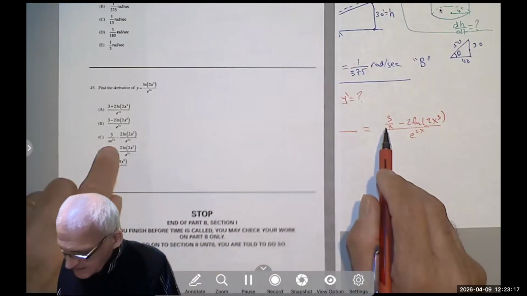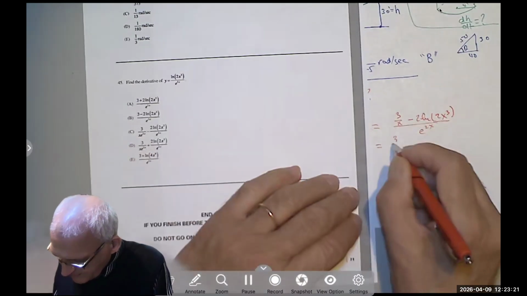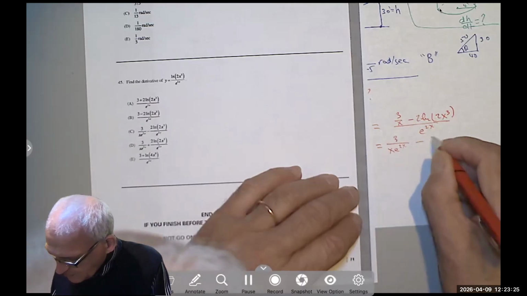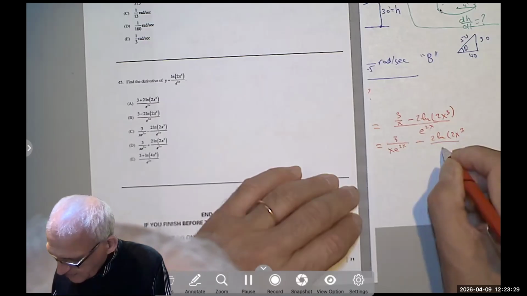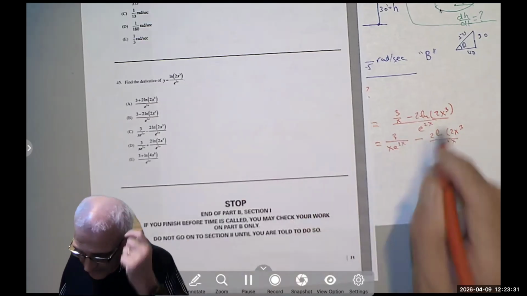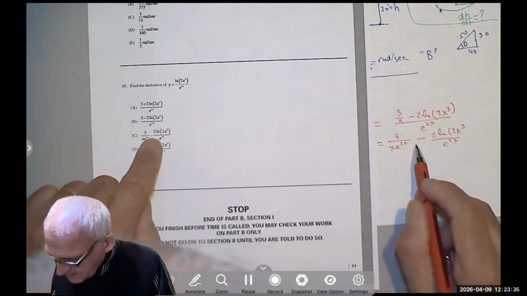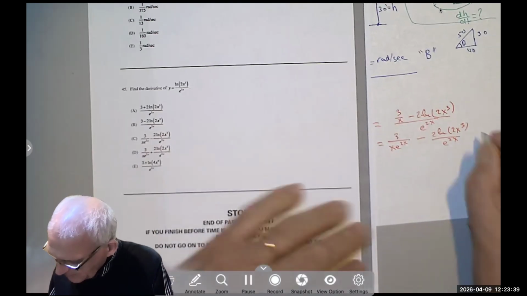I see it, it's C. So the first term would be 3 over x e to the 2x minus 2 natural log of 2x cubed over e to the 2x, if you separate them, right? And I think that's C.